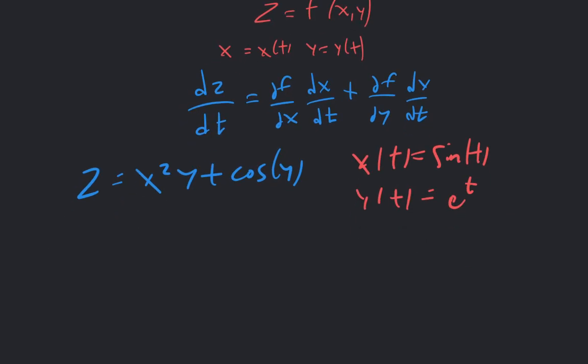So if we want to find dz by dt, first we differentiate f with respect to x, so 2xy, and then multiply that by dx by dt. If we differentiate sine of t, we get cosine of t.